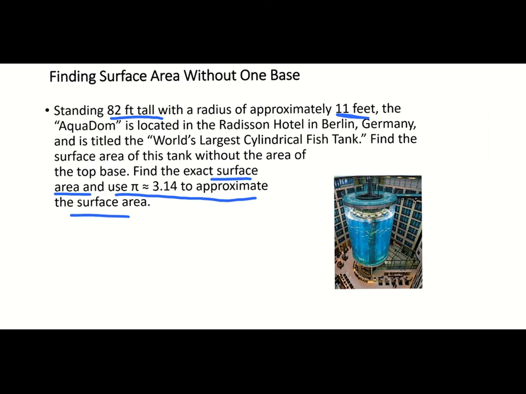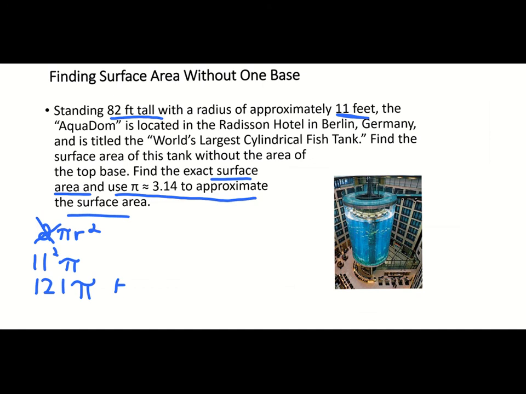Normally for the bases we would do 2 times pi times radius squared. But because I'm doing it with only one base, I don't need the 2. So I'm just going to do pi times radius squared. My radius is 11, so 11 squared times pi will give me 121 pi. Then we have to figure out the surface area of the walls of the cylinder.